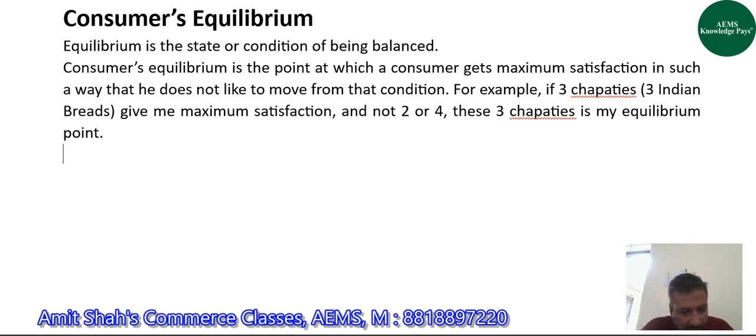When I have my lunch or dinner, a full meal, it's three chapatis that gives me maximum satisfaction. It's not two nor four.